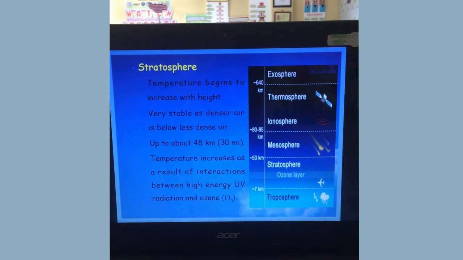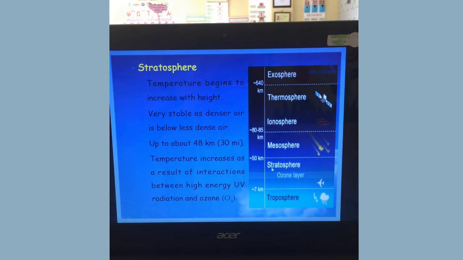As you can see in this picture, the stratosphere is where airplanes pass through, because it has fewer clouds. It also represents the ozone layer.